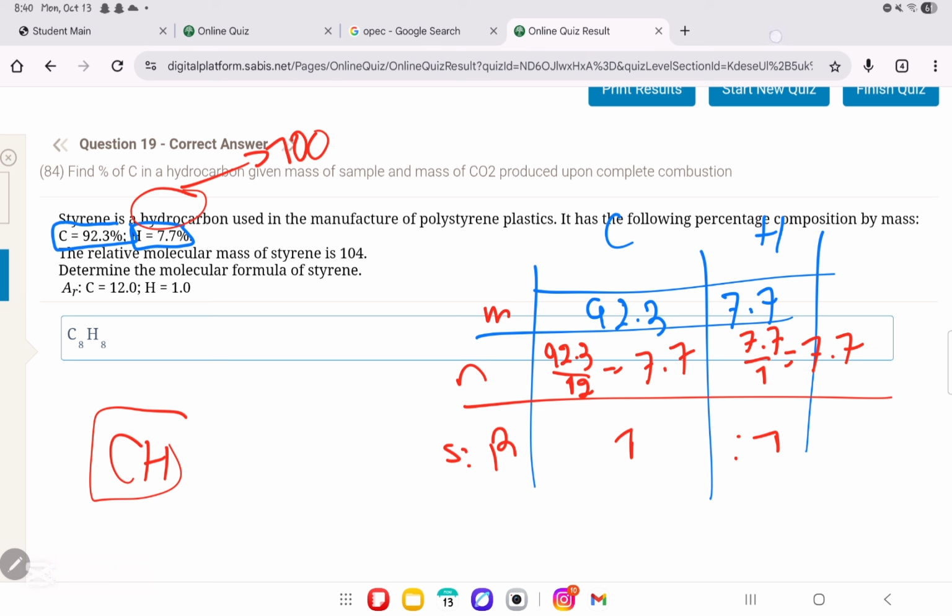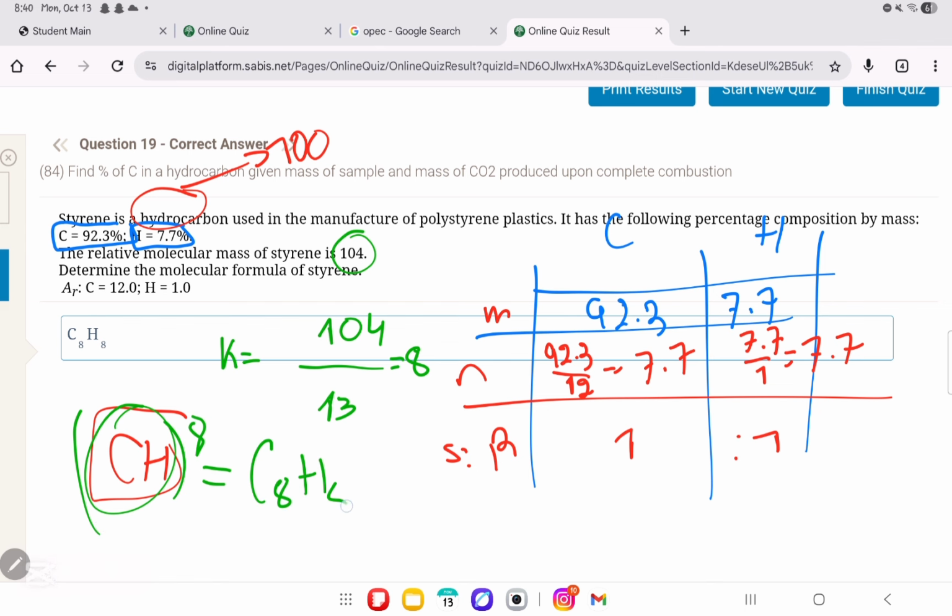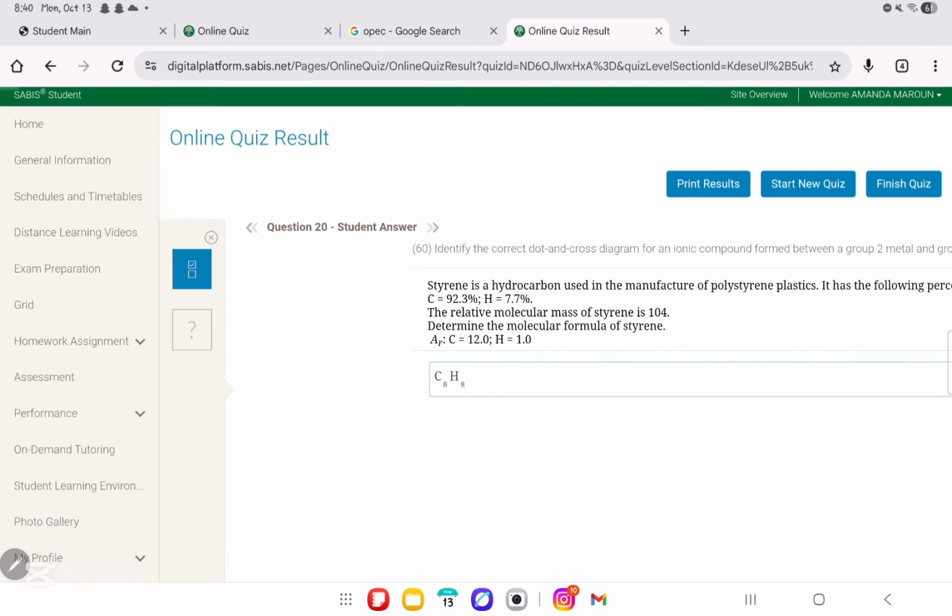Now they told us that the relative molecular mass is 104. That means to find the value of K, we're going to do 104 divided by the molecular mass of this, which is 12 plus 1, which is 13. So this will give us an answer of 8, if I'm not mistaken. Yes, so now we need to multiply this by 8 and we will get C8H8. Perfect, we'll move on to question number 20.